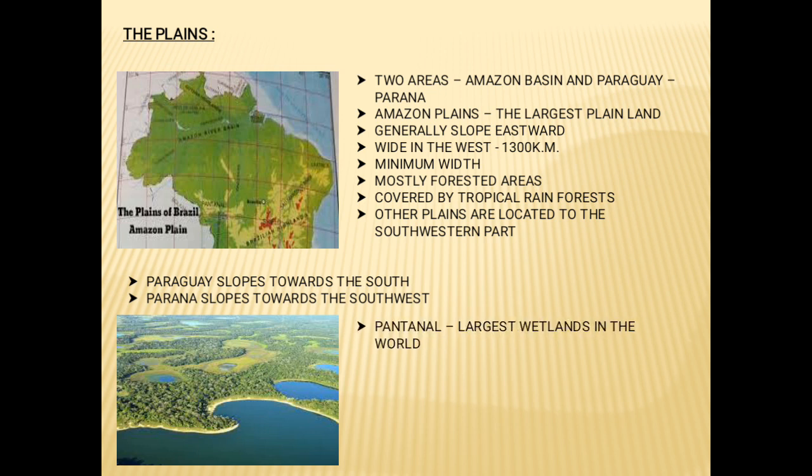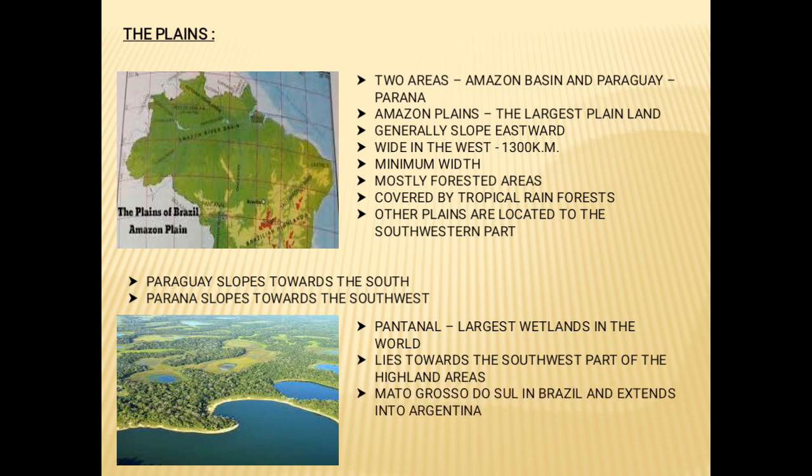Picture of Pantanal. Pantanal is one of the largest wetlands in the world. It lies towards the southwest part of the highland areas. It is a region of swamps and marshes in northwestern Mato Grosso do Sul in Brazil, and it extends to Argentina too.